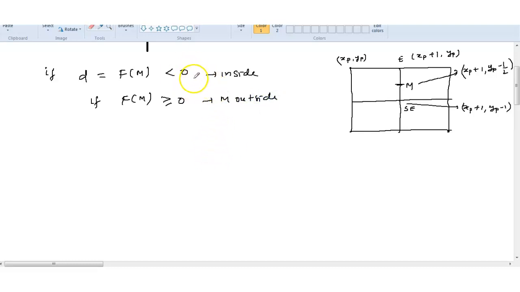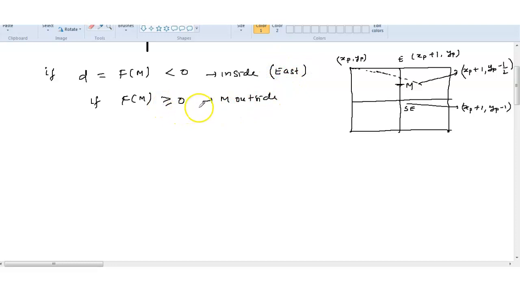When it is less than 0, it means M is lying inside the circle, so the circle line is closer to the east, and at that time we will choose the east coordinate.